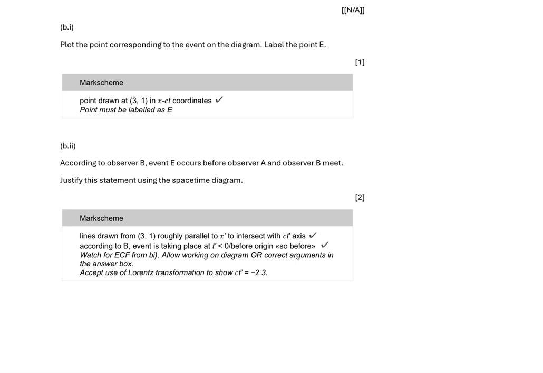Yes, that is a negative time relative to the origin. So yes, E does occur before A and B meet. And then it doesn't actually ask for a number, but it does say, accept use of Lorentz transformation to show that ct prime is negative 2.3, which also makes sense from the intercept. And so you can figure that out using Lorentz transformation or actually look at the graph.